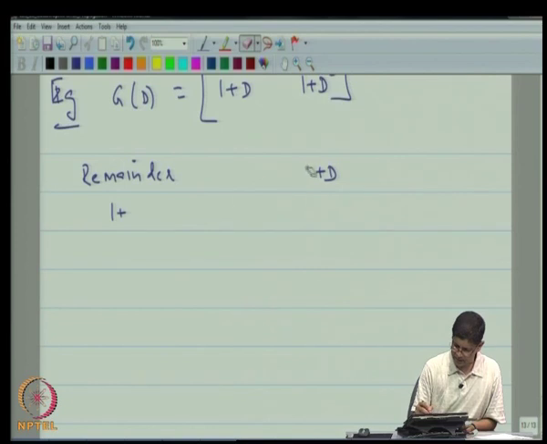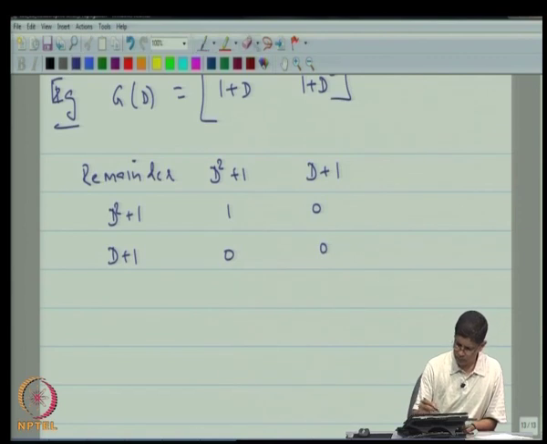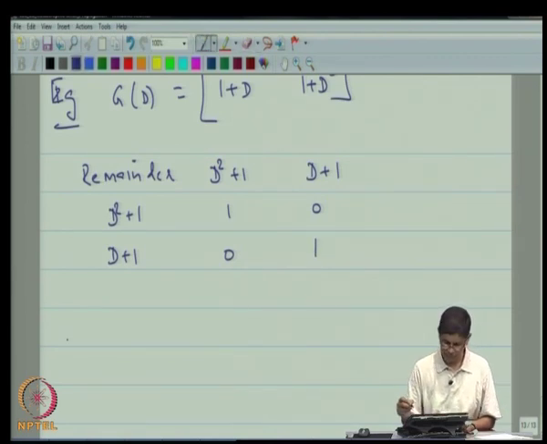Actually, let us write the highest degree term first, so that the division seems more natural. So, d squared plus 1, d plus 1, 1, 0, 0, 0, 1, and then you are going to put down your quotient here.